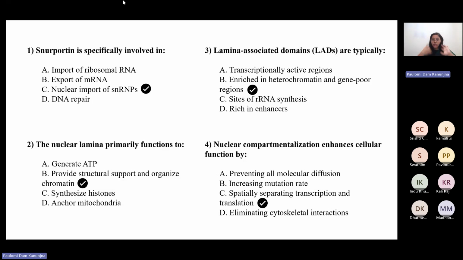Just try to imagine: you have this DNA and you have these lamina associated domains. Domains are parts of DNA. When you say a particular protein, for example lamins here, it means that the lamin proteins join to these regions of the DNA. So lamina associated domains are those parts of the gene which interact with the lamin protein.